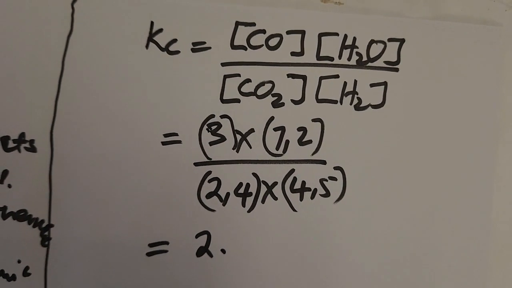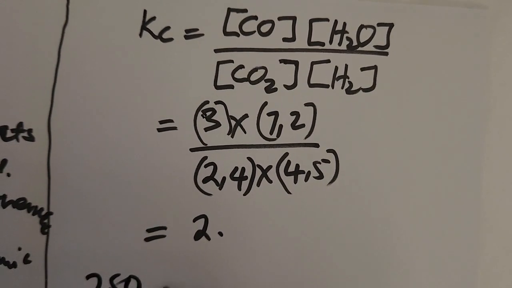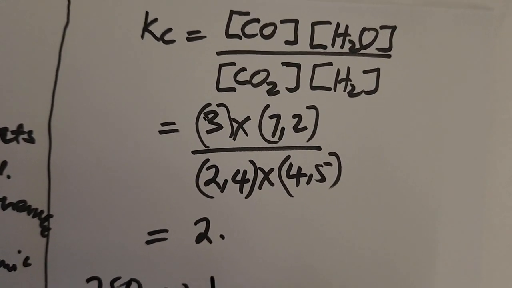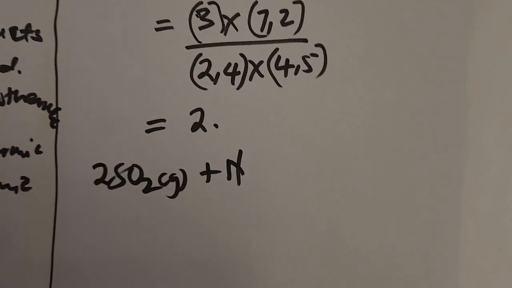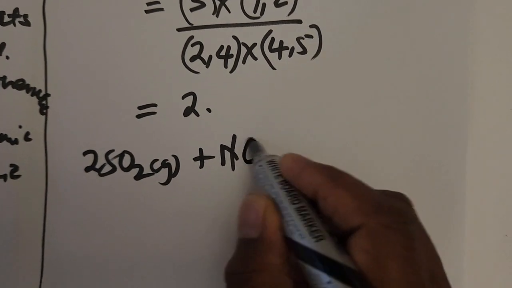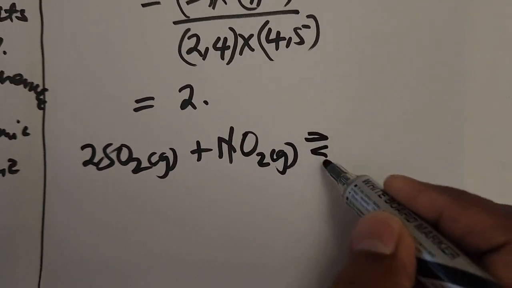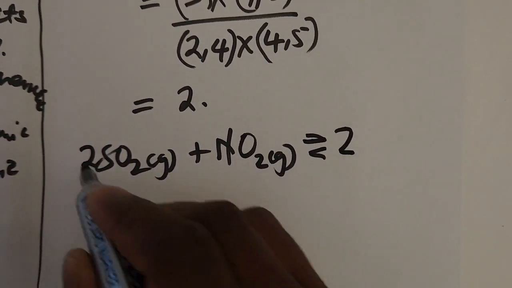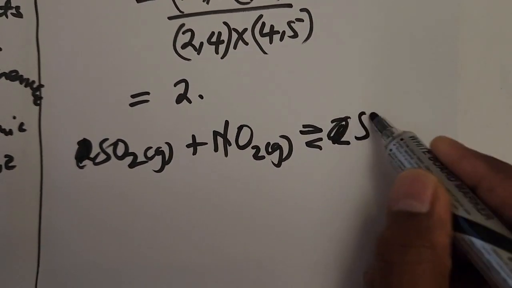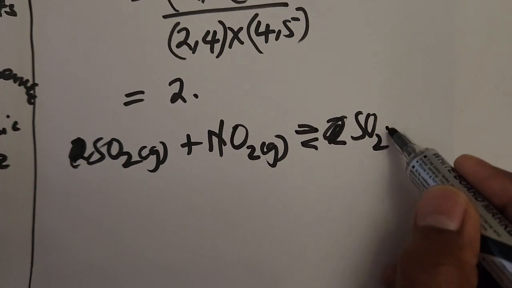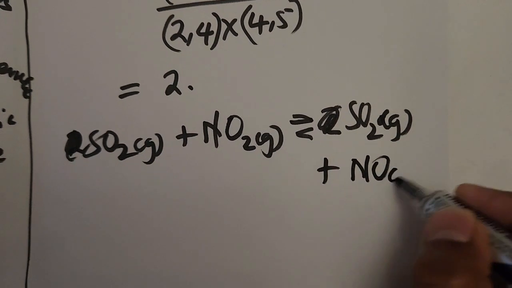And the next one, let's say for example they give you sulfur dioxide gas plus nitrogen dioxide gas forming sulfur trioxide gas plus nitrogen oxide gas.